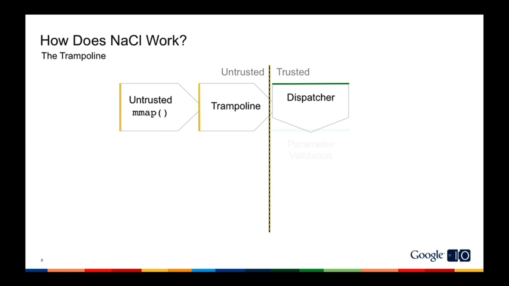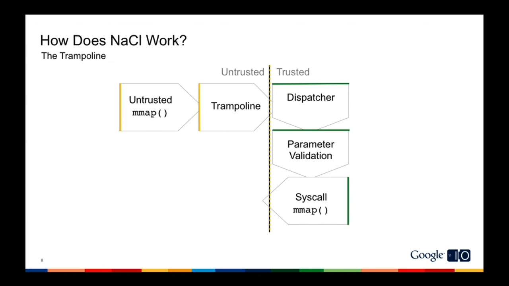This goes through a dispatcher, which looks at all the parameters and makes sure that, for example, you're mmapping a legal amount of memory, that the addresses you're trying to mmap are within range, that the descriptor you're trying to map to is a valid descriptor that you got from the untrusted libraries, and so on.